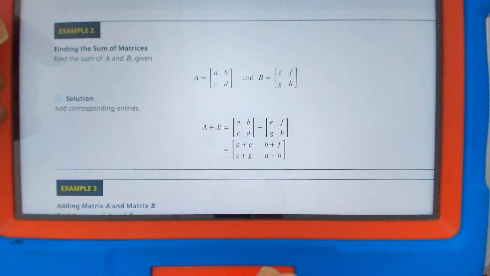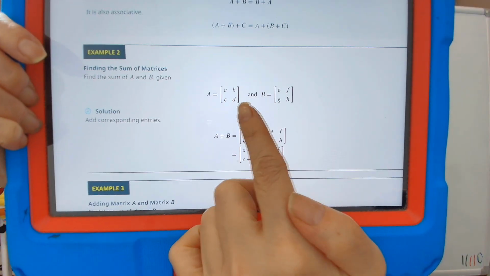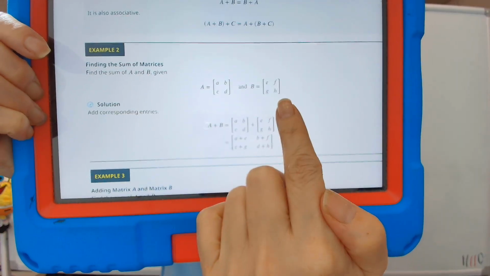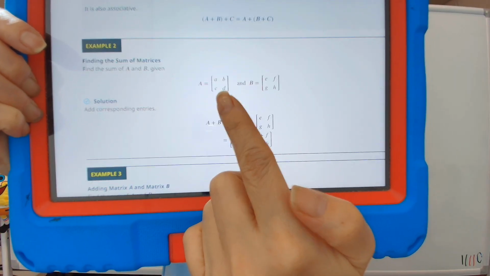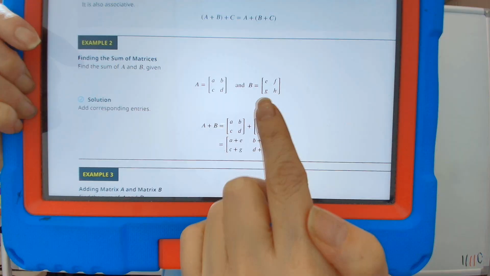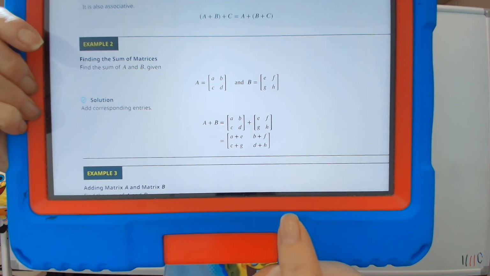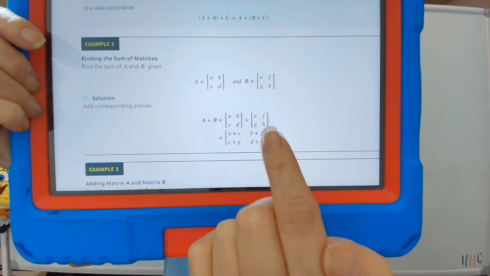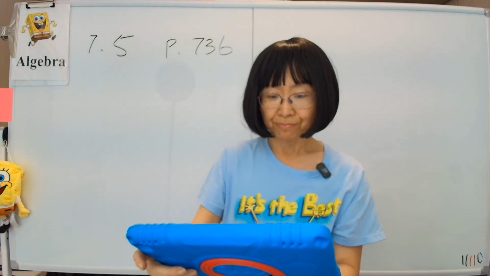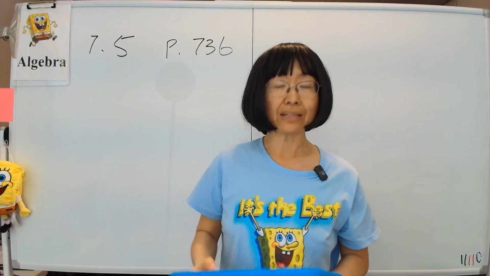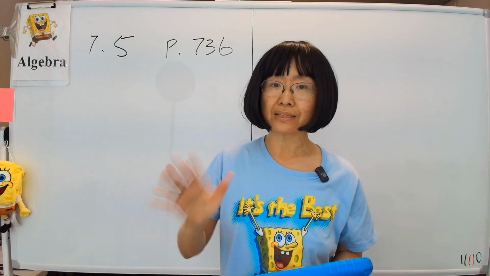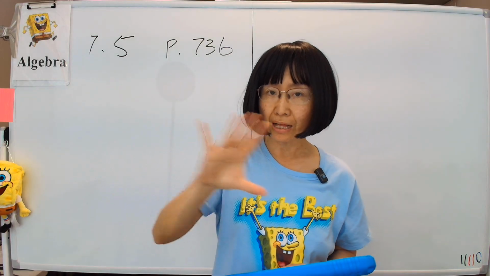That is, each entry's position will add to its corresponding position in the other matrix, the matrices having the exact same dimension. And that is how you add any matrices, as long as their dimensions are the same.